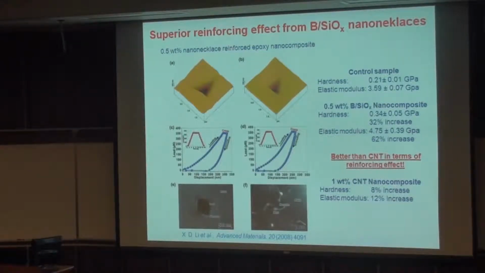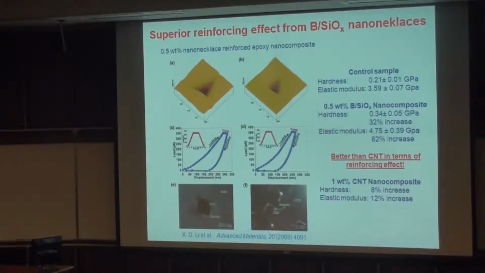If you use carbon nanotubes, 1 weight %, single wall, and use the recipe I used, you can achieve about an 8% increase in hardness and a 12% increase in stiffness. But if you just use half weight % nano necklaces, this is half weight %, this is 1 weight %, you can see you increase strength about 32%.